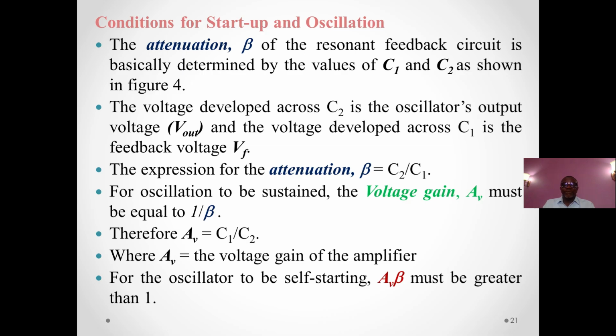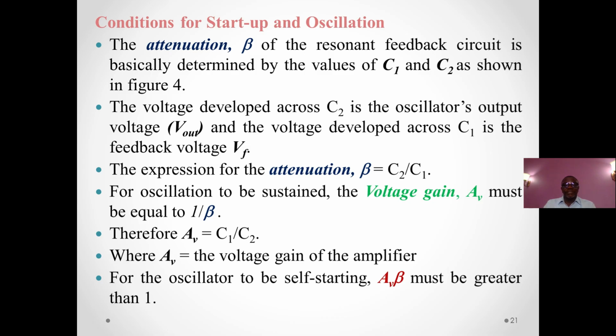So for oscillation to be sustained, the voltage gain AV must be equal to 1 over beta. Therefore, AV will have to be C1 over C2. Simple mathematics, if beta is equal to C2 over C1, then 1 over beta will be equal to the inverse of that, C1 over C2, where AV is the voltage gain of the amplifier.